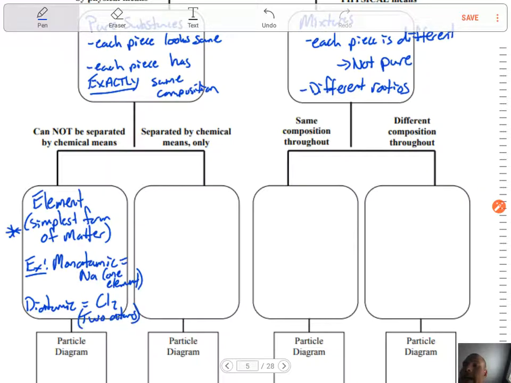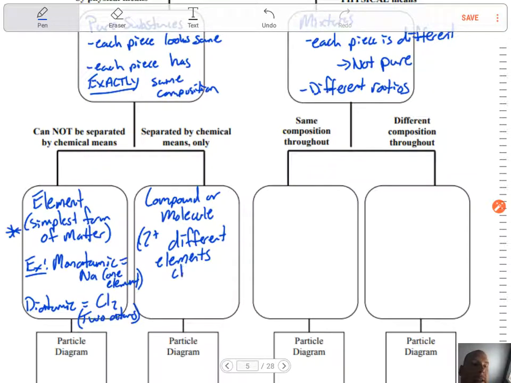Okay. Now, if they can be separated by chemical means, that means we have a compound. Other terms are molecules. Again, we will talk about all of that as we go throughout the year. Okay. So this is where you have 2 plus. So what I say by 2 plus, guys, is 2 or more different elements chemically combined.